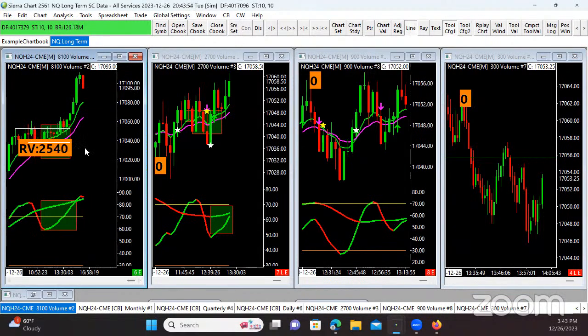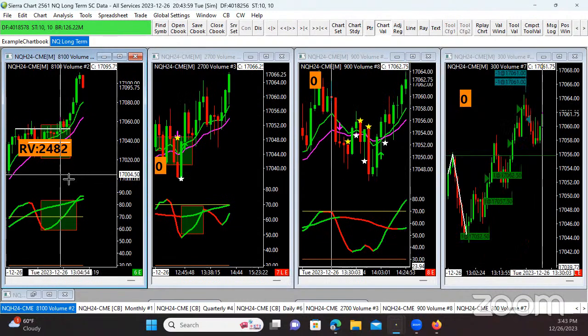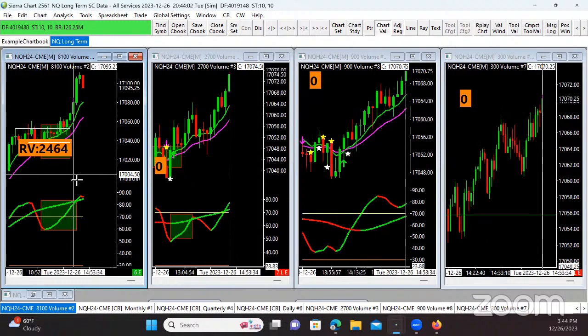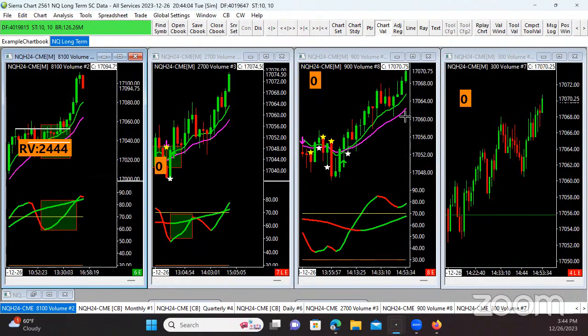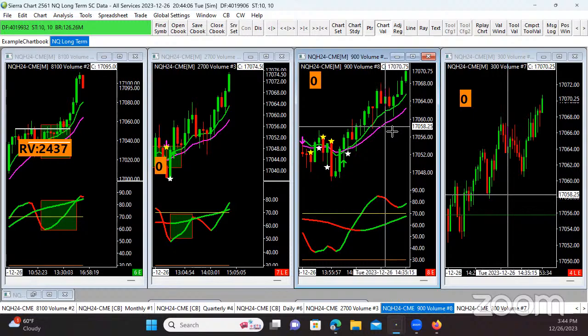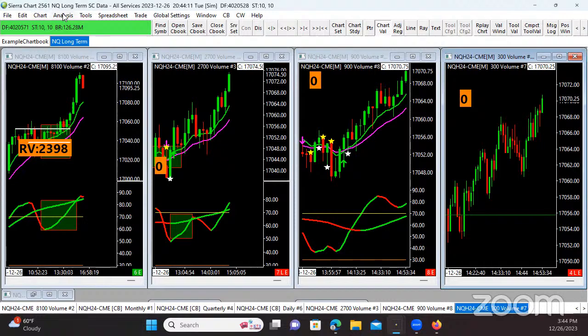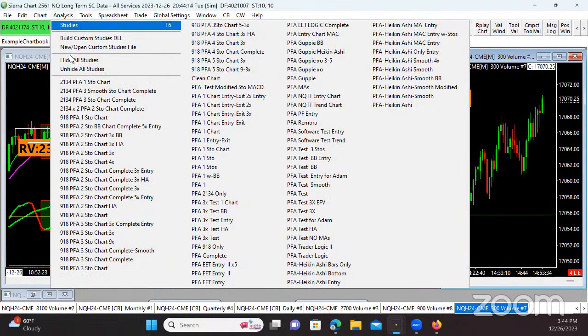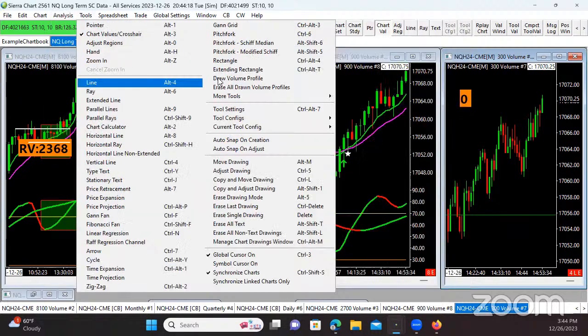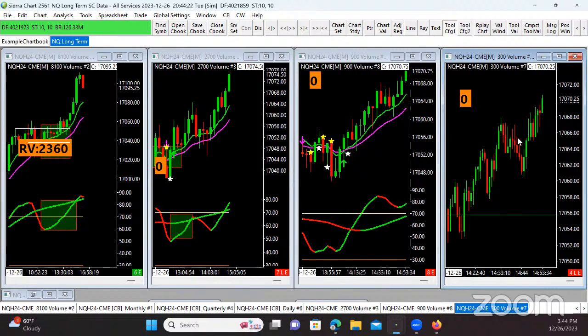I did not catch this one today, and I'm okay with that because it's the day after Christmas, right? Full disclosure, I did not take this trade at all, but this is the one that I'm talking about.